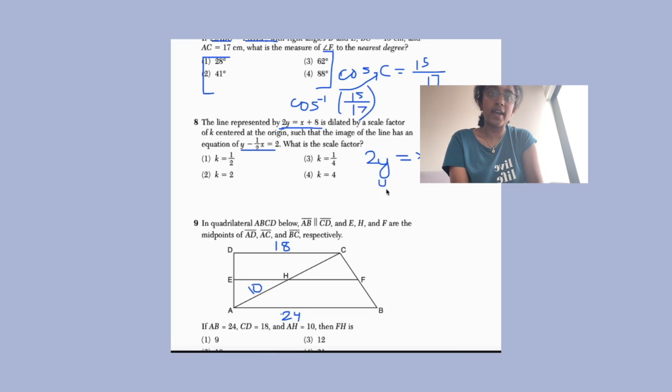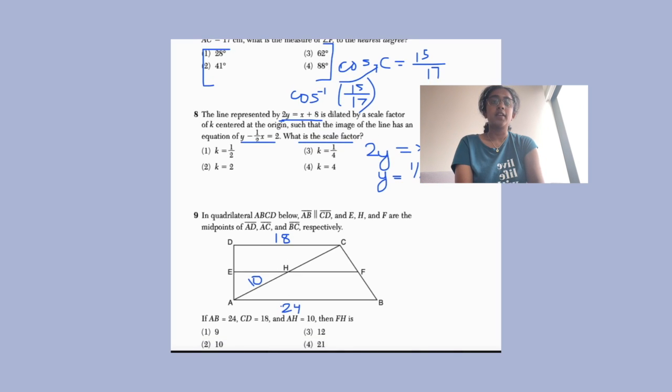And then you have y equals 1/2 x plus 2, I think. Okay, so what is the scale factor? It's going from 1 down to 1/2, and 1/2 is half of 1. So the scale factor here is you're going down by 1/2. So the answer would just be 1.